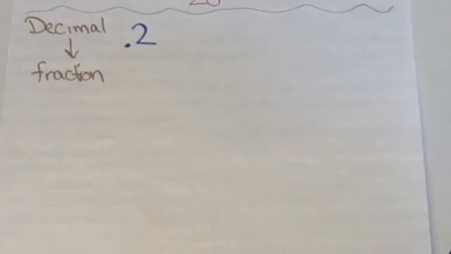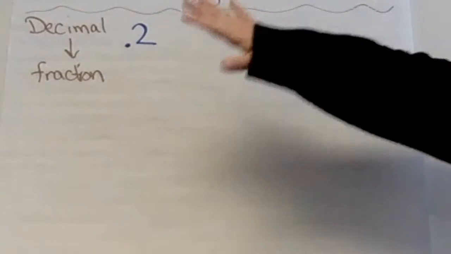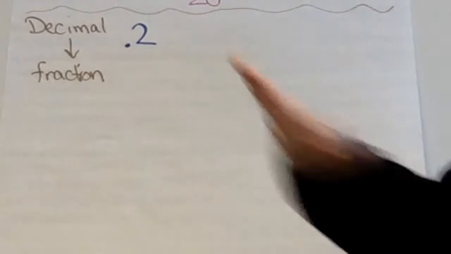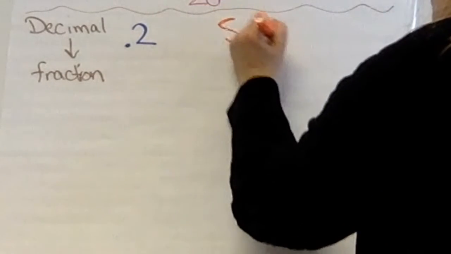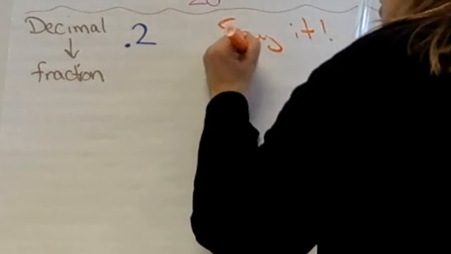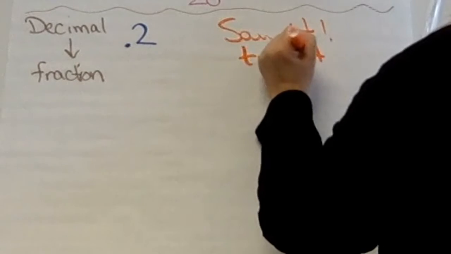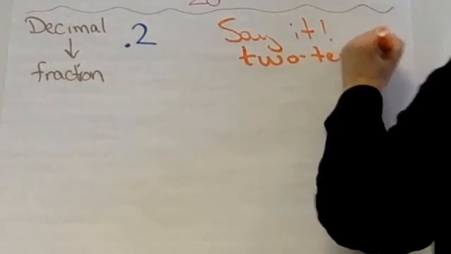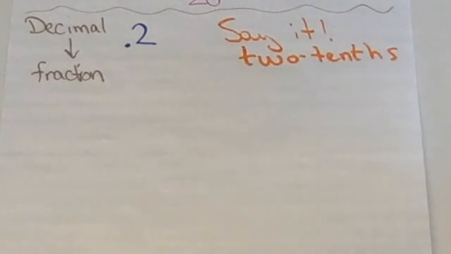What you do with that is you actually just say the name of that number. I forgot I was going to write little notes for that. Say the name. Say it as a name. It's 2 tenths. So if I wrote that, 2 tenths, that's how you write it.